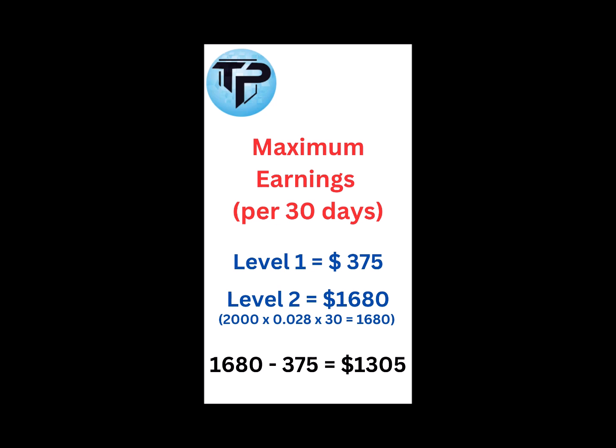That's your $2,000, the bottom maximum, times that by 2.8%, times by 30 days, $1,680. This is a difference of $1,305 a month. That's how much you can increase by introducing 5 people.